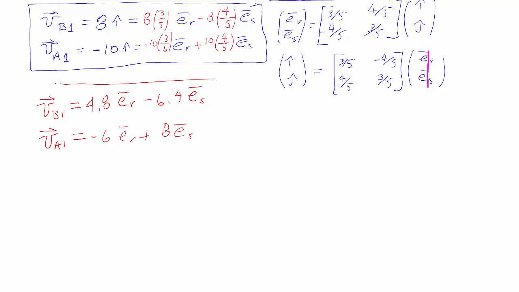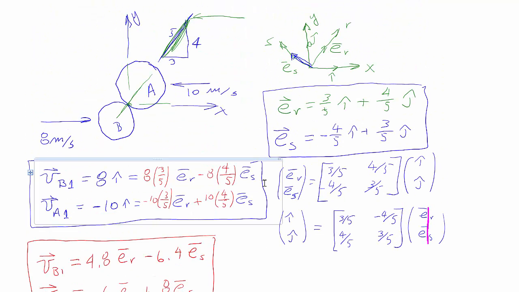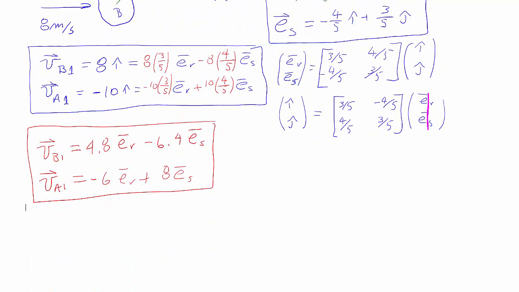And so now I have my coordinate systems set up so that I have oriented them in such a way that R is the line of impact, and I guess you could say S is not.